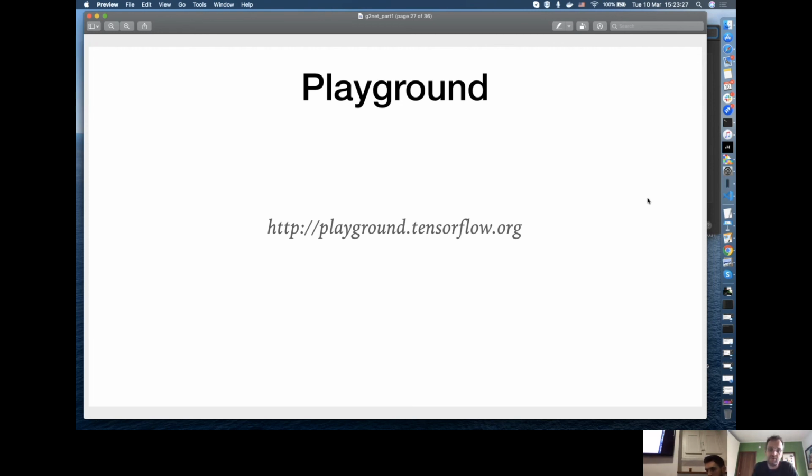But in the meantime, if you have time, or we can look at it together, there is a nice playground on the TensorFlow website that lets you play with neural networks on toy datasets. We'll see a different one on convolution on neural networks in the next hour.